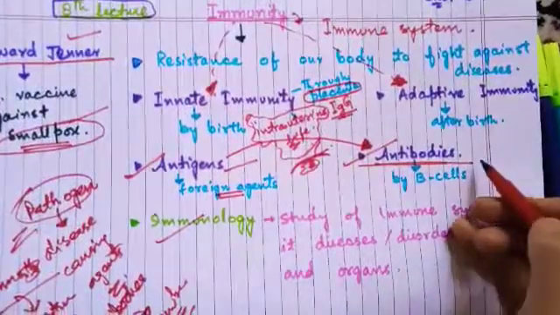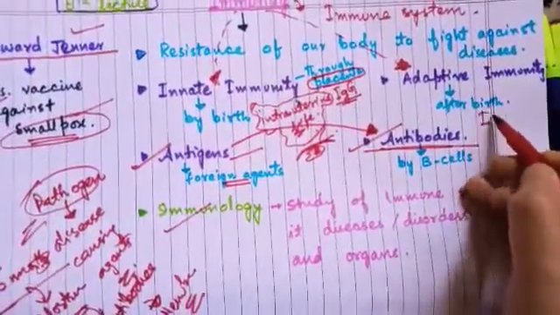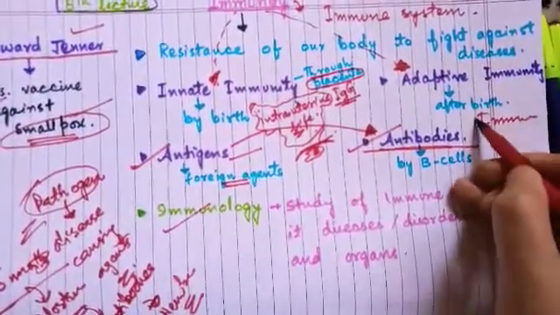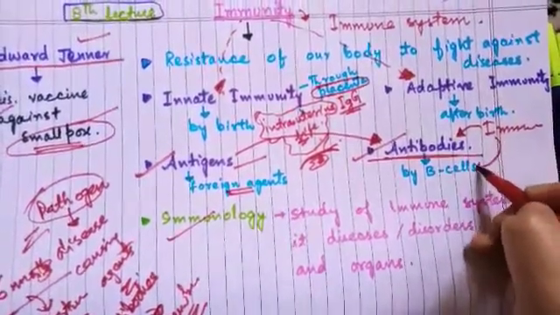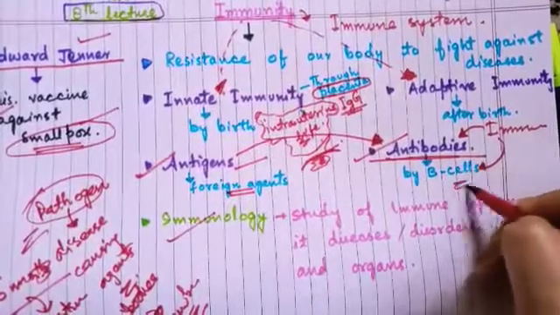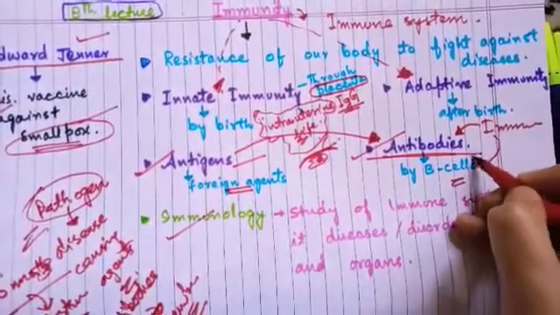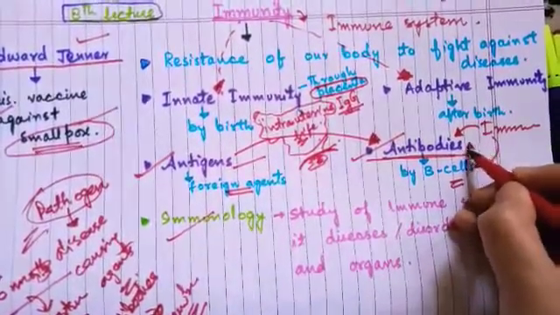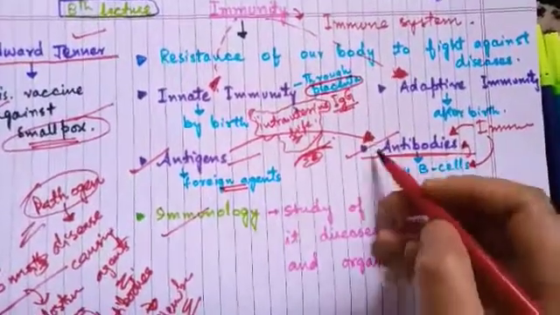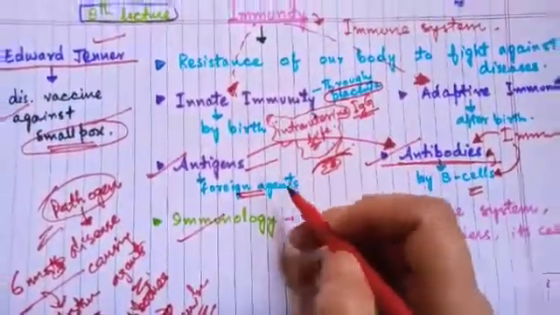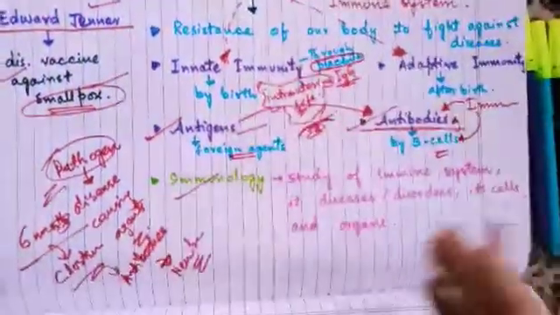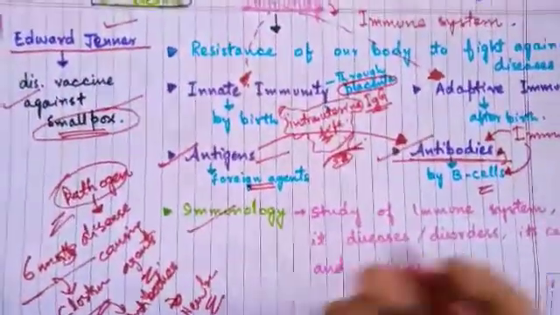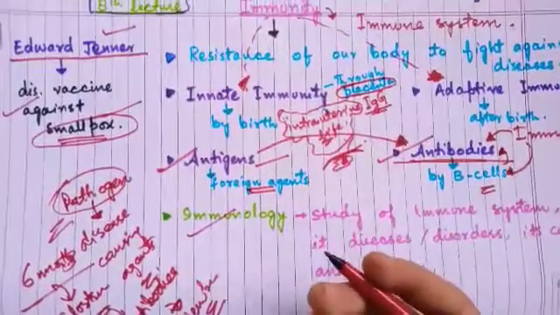Our immune system has specialized cells called B cells, and those B cells make these antibodies. These antibodies are made against specific antigens to attack the antigen and clear it from the body and to protect our body from diseases.